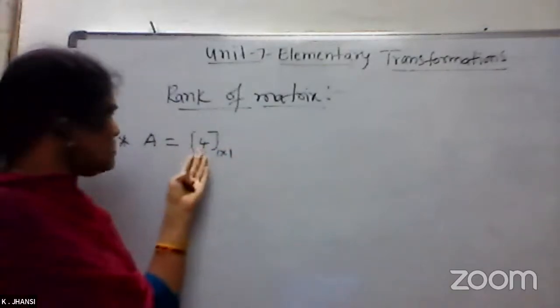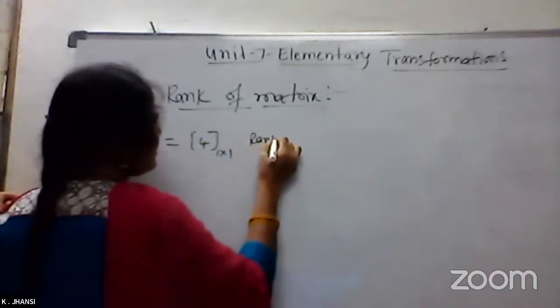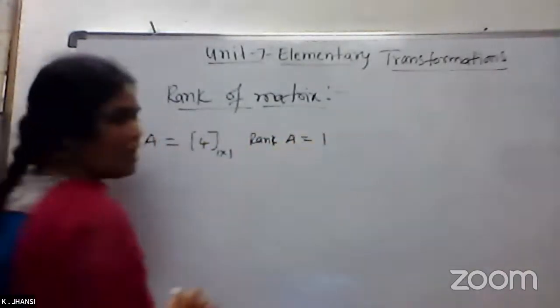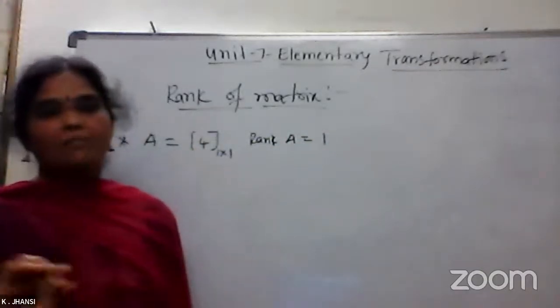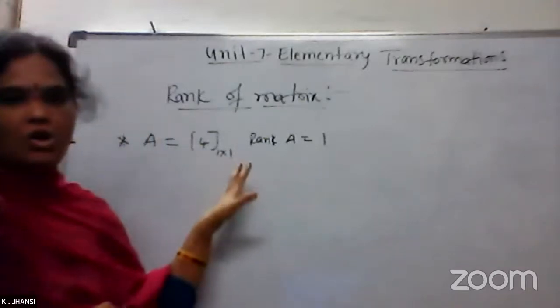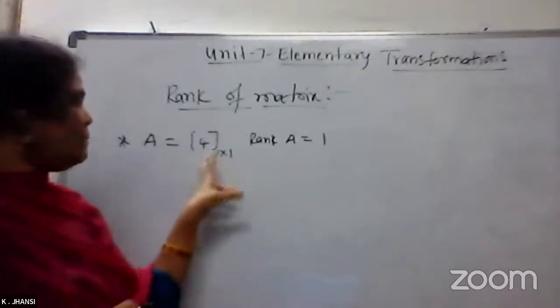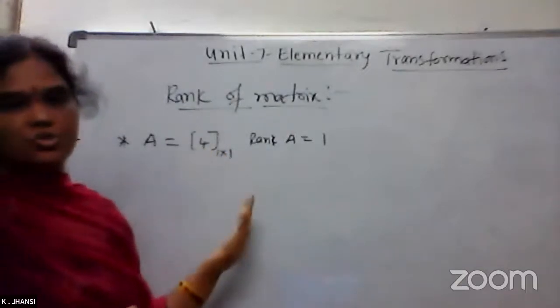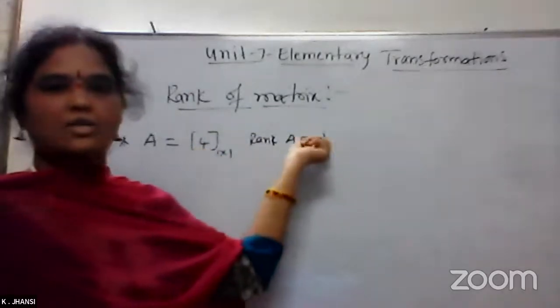So simply only one element is there. Therefore, we can say the rank of the matrix A is 1. For any matrix, the rank depends on the rows and columns, how many rows are there and how many columns are there. It mainly depends on how many rows are there. Here one row is there, so the rank of the matrix is 1.